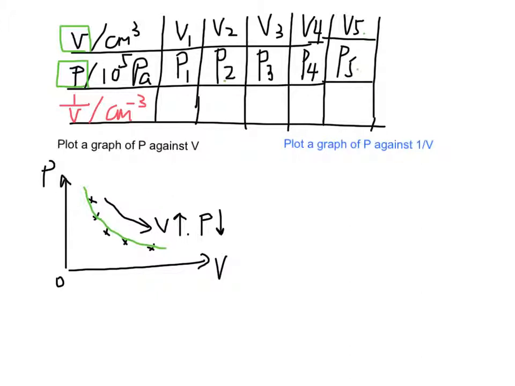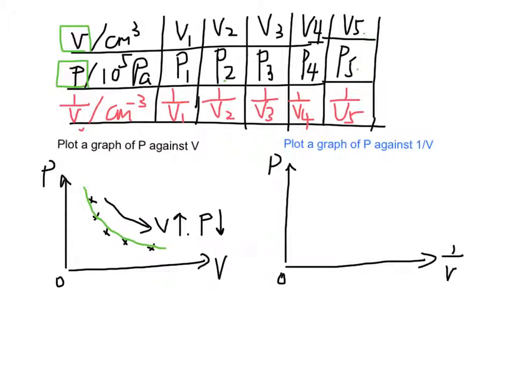Now, if we add a set of data for 1 over V, we get 1 over V1, 1 over V2, 1 over V3, 1 over V4, up to 1 over V5.